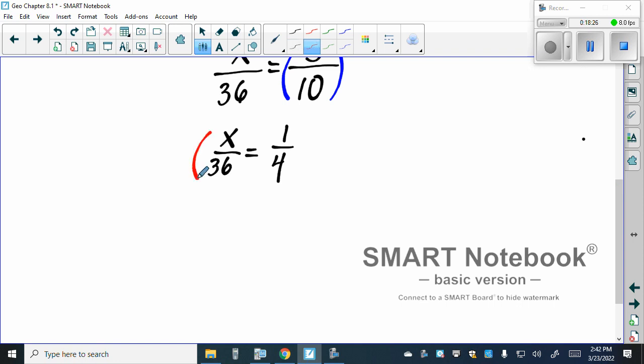Now, we can do the same thing we've been doing. Multiply both sides by 36. 36 and 36 will cancel. And now we just got to take 1/4 of 36, which is 9.